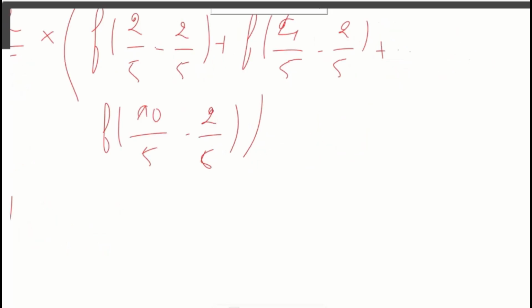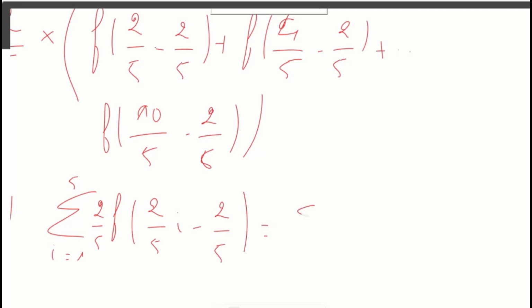And this is the same as writing this as the sum from i equal to 1 to 5 of 2 over 5 f of 2 over 5 i minus 2 over 5, or just writing it as the sum i from 1 to 5 of 2 over 5 f of 2 over 5 times (i minus 1).